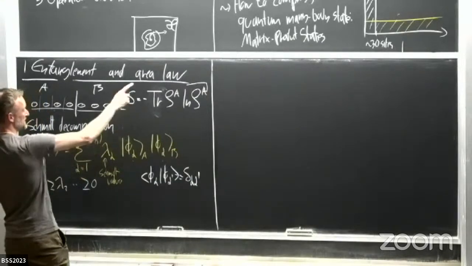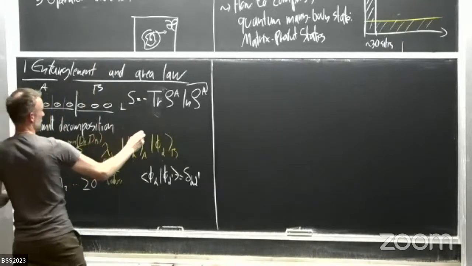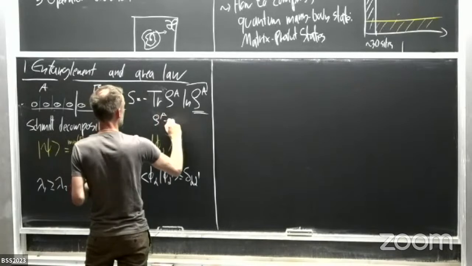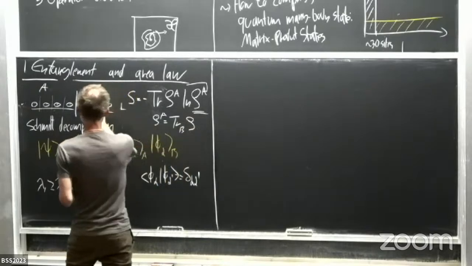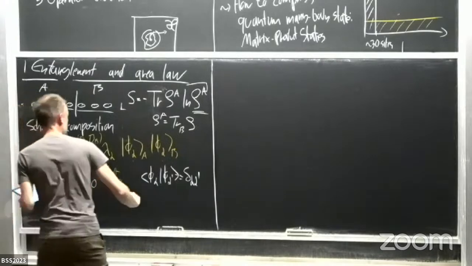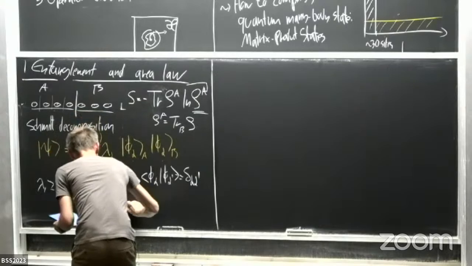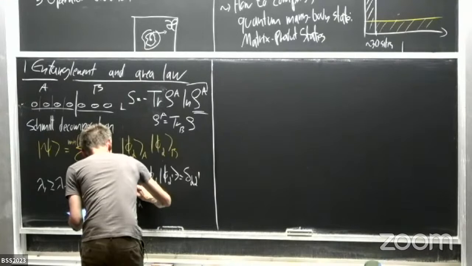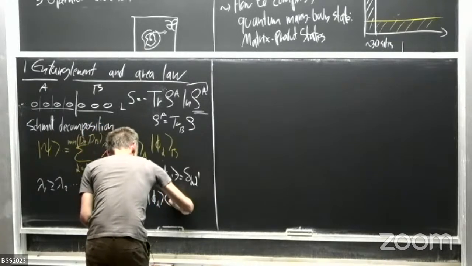If you take this wave function, knowing that the Schmidt states are orthogonal, then you see that the reduced density matrix, where we trace out subsystem B from the full density matrix of our state psi, is simply given by the sum over alpha of lambda alpha squared times the projector onto the eigenstates.